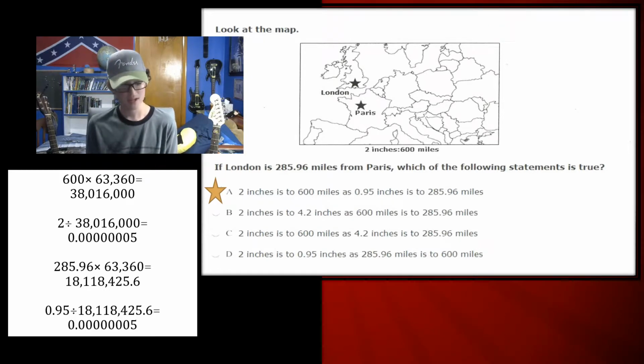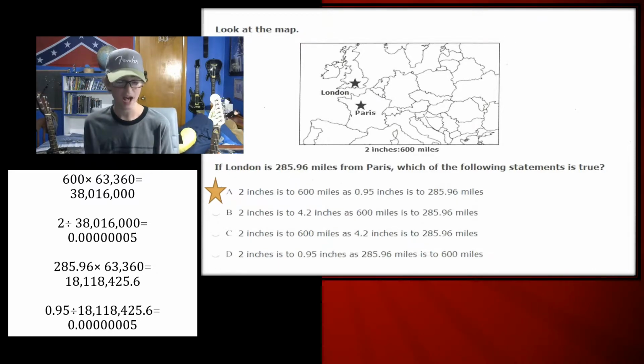D, 2 inches is to 0.95 inches, as 285.96 miles is to 600 miles, okay? So if you divide 2 divided by 0.95, because you don't need to convert, because it's not inches to miles, it's inches to inches, I'll give you 2.10526316. A big number, but maybe the other one could share it.